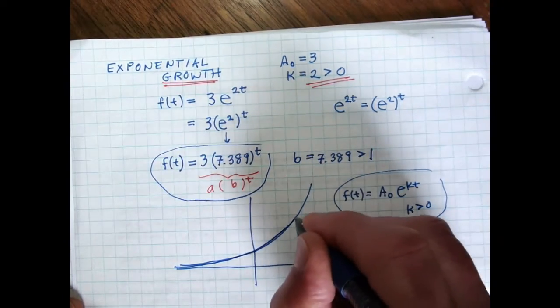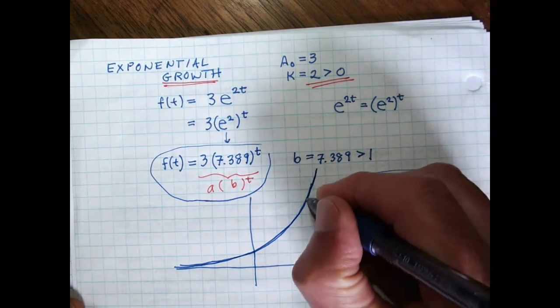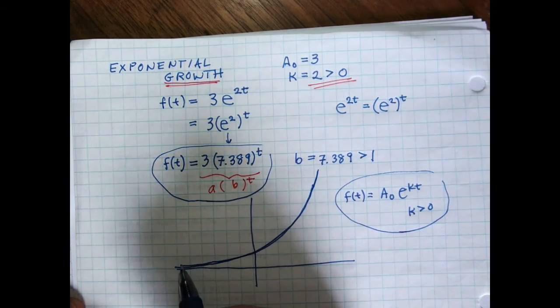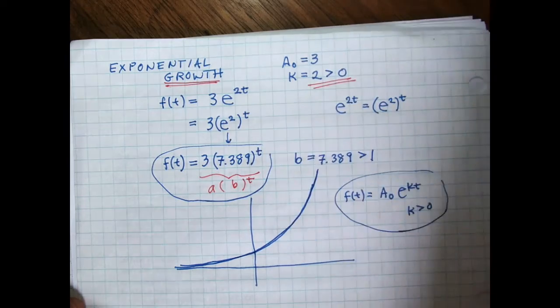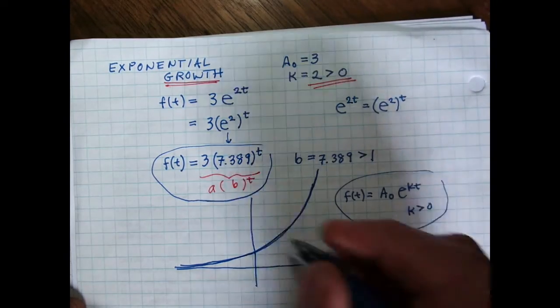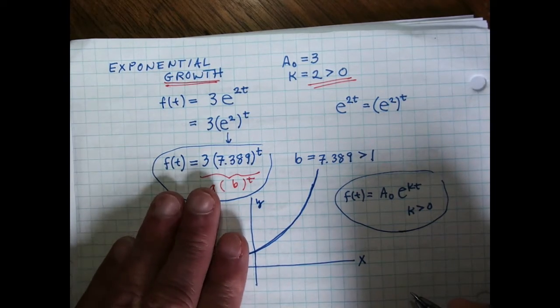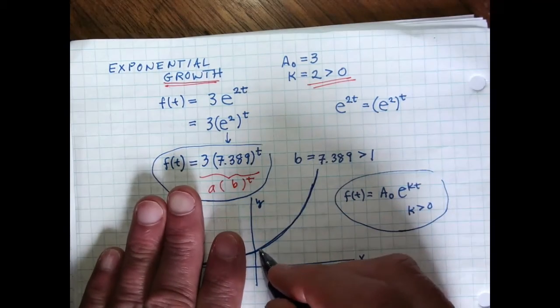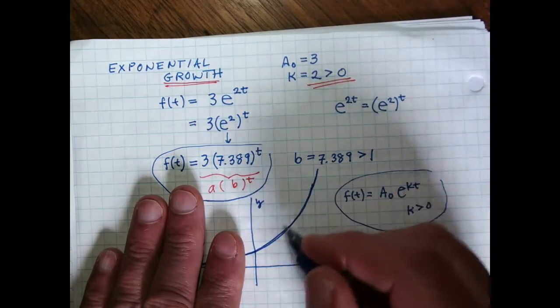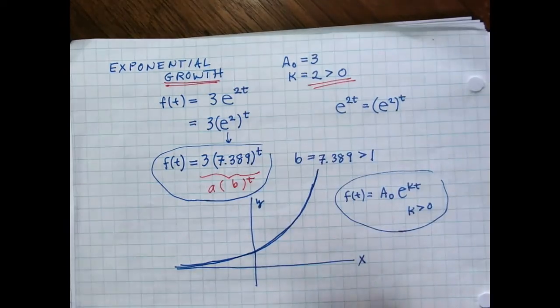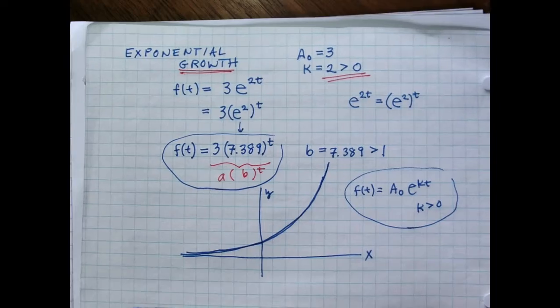They're the same function actually, with a graph that's like this, rising up to the right. Here's x, here's y. And in applications, what I pointed out on the handout is often only the first quadrant, or the portion to the right of the y-axis, has relevance.